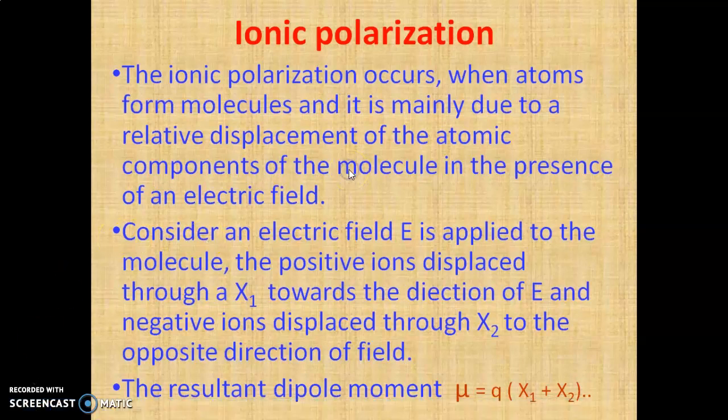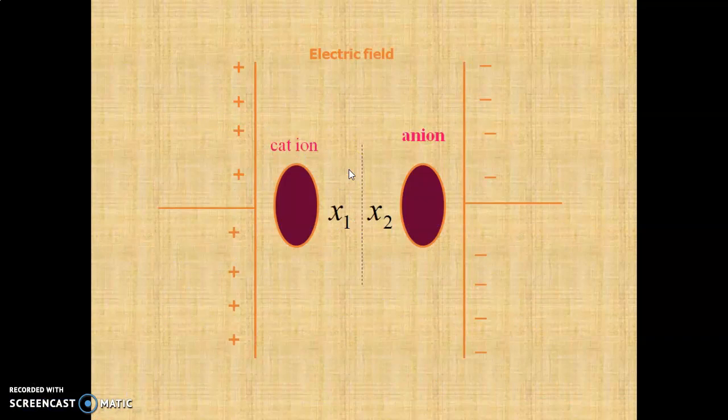Let us consider these are the parallel plate capacitors, plate 1 and plate 2, and you apply the external field, so positive charges accumulate at one electrode and negative charges at the other. The cation is moved towards the negatively charged plate when you apply the electric field.